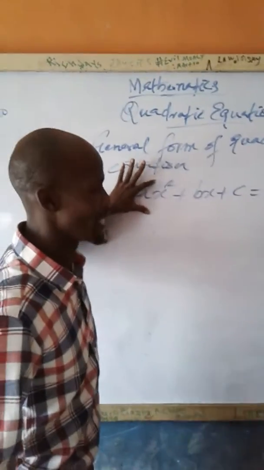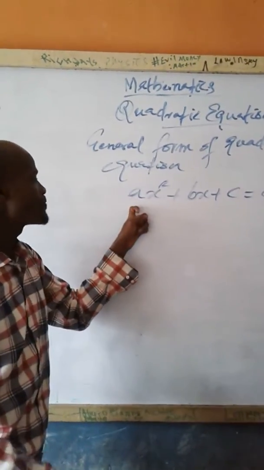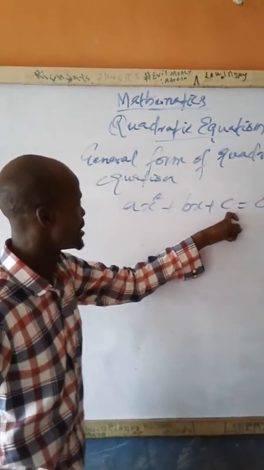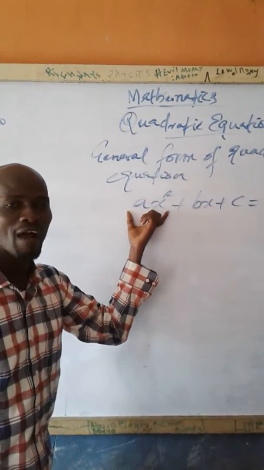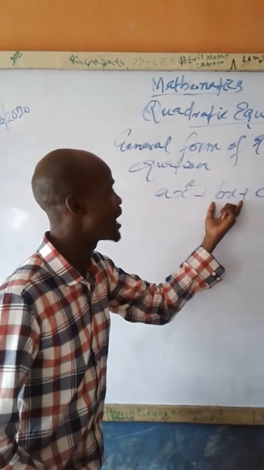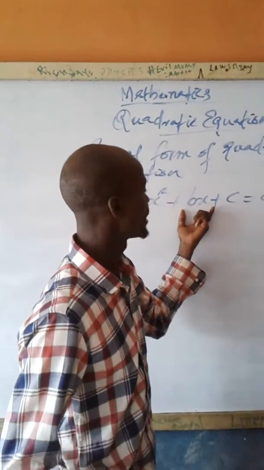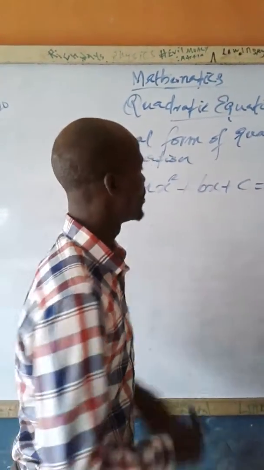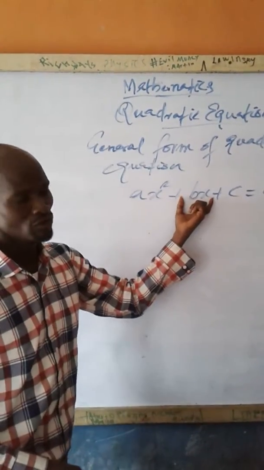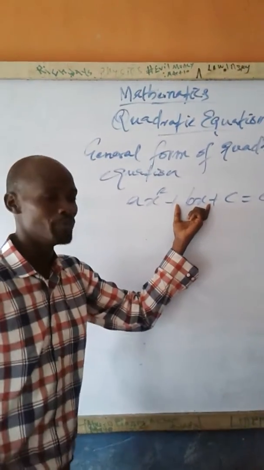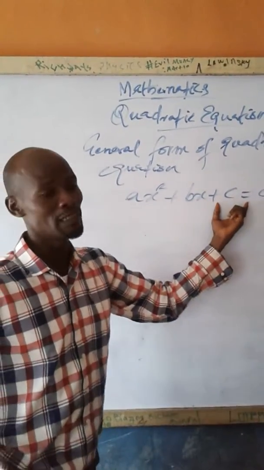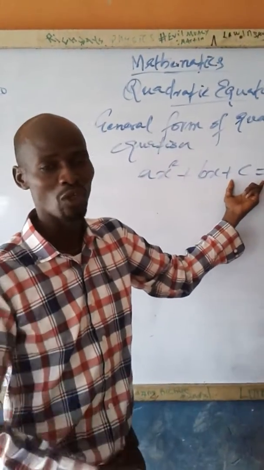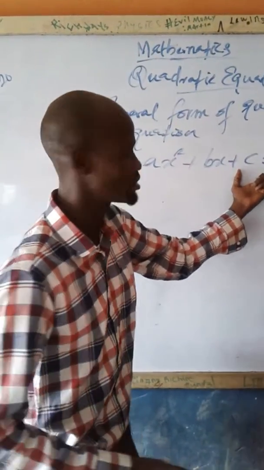This is our first term, which we have our a, our b, our c. The a is the first term, the b is the second term, and the c is the third term. Normally we know our b to be the sum, while the c, the third term, is known as a constant, and which is the product.